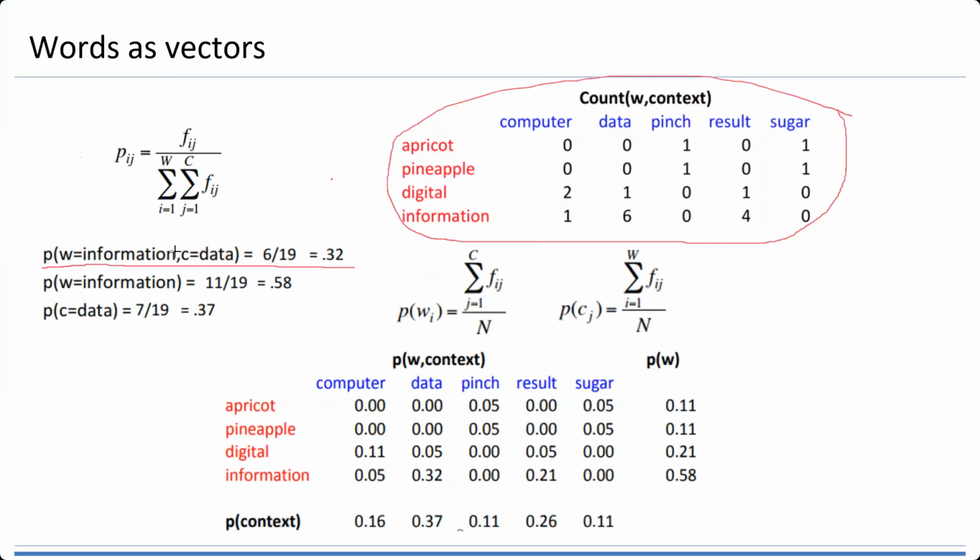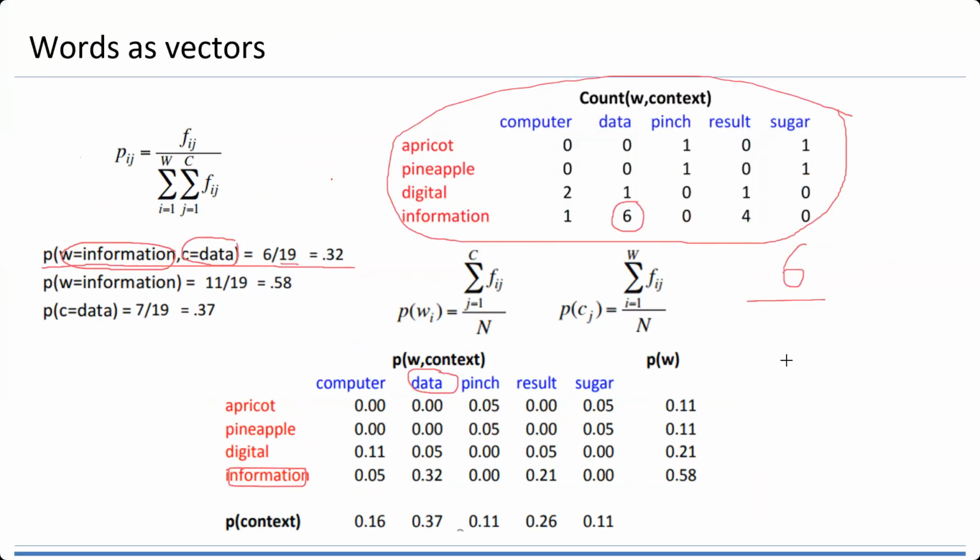We want to know the probability of the word information given in a context when C equals data. We want to know the information in the context of data. So we have 6 out of 19.